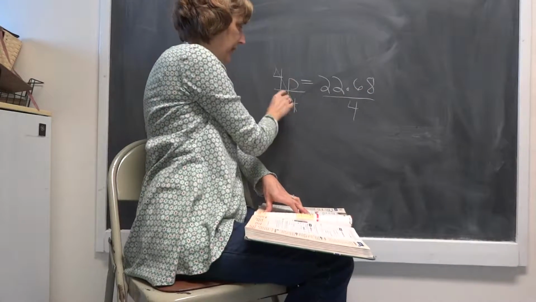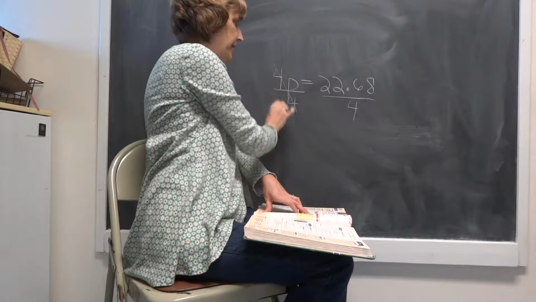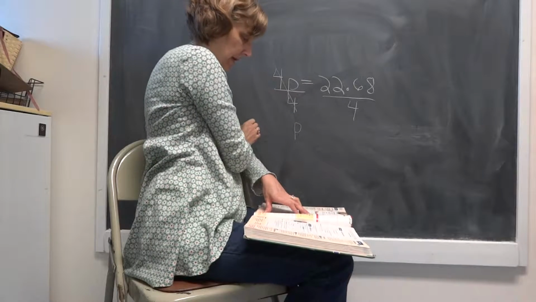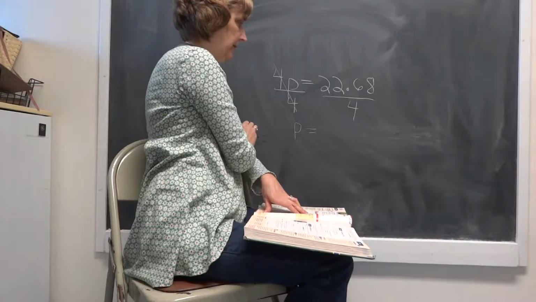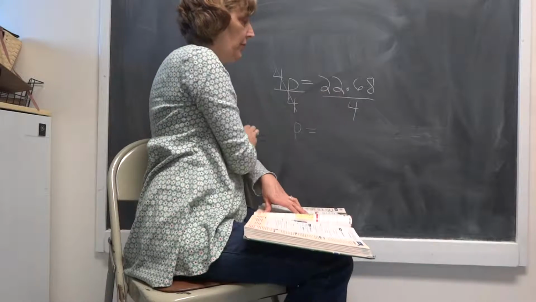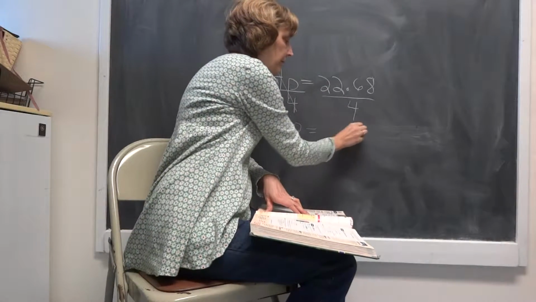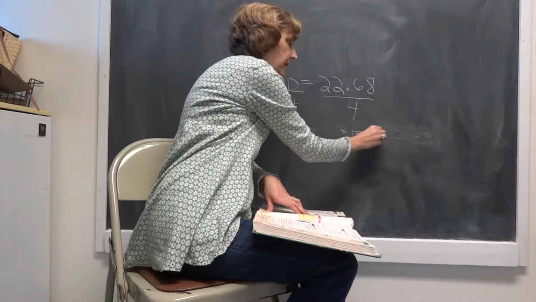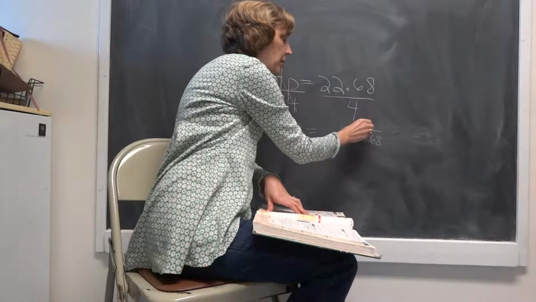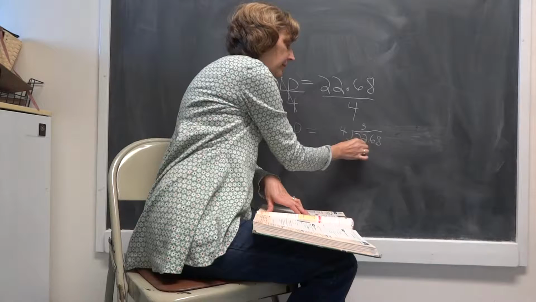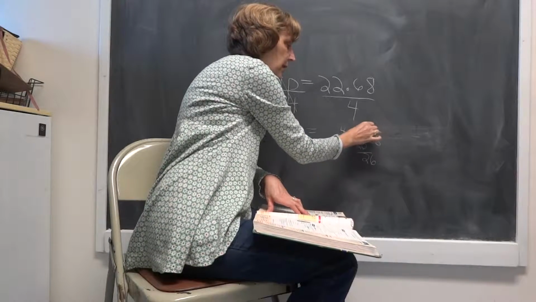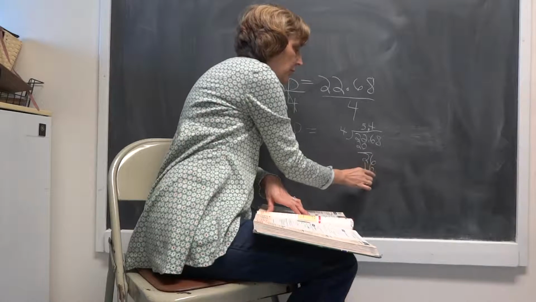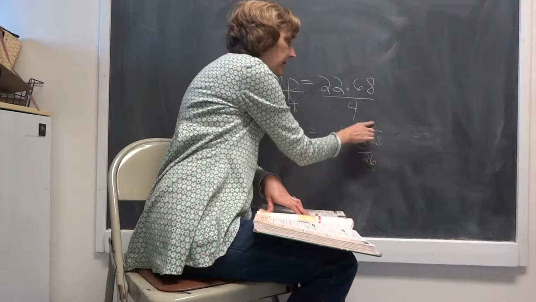because we want P to be by itself. We're solving for how much each person has to pay. $22.68 divided by 4. Very simple division problem. 4 goes into 26 6 times.